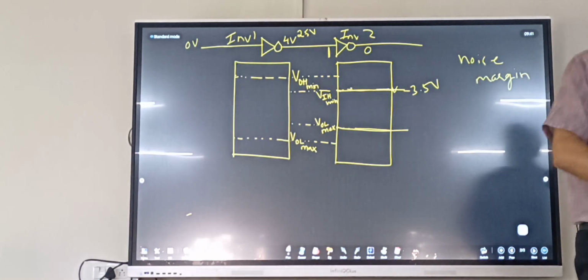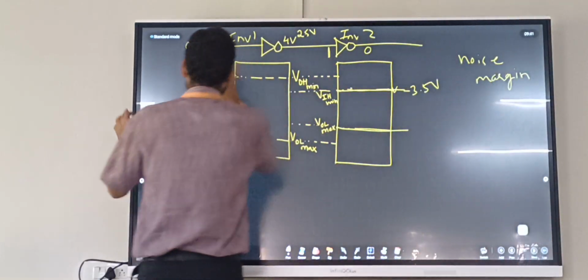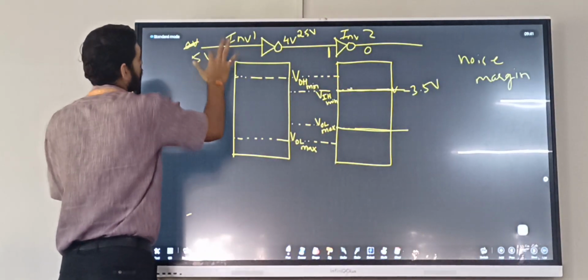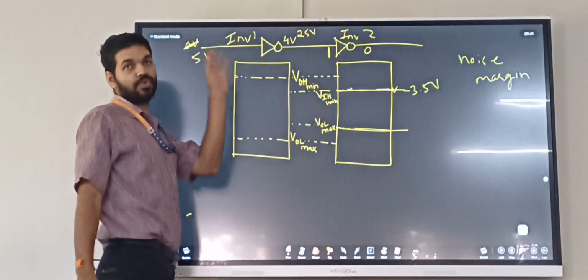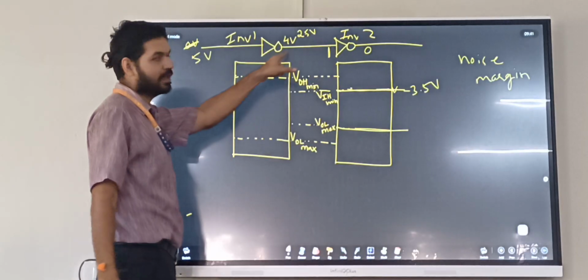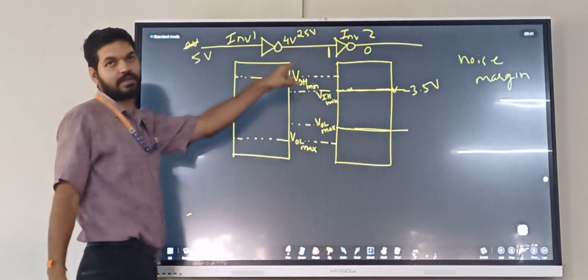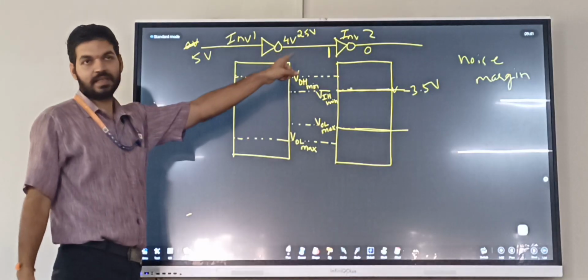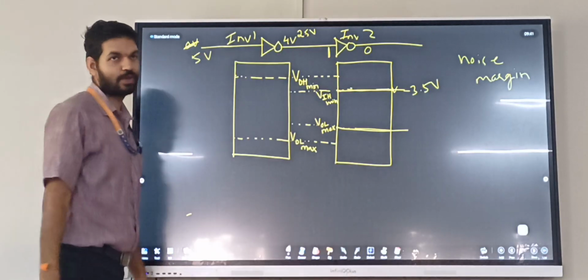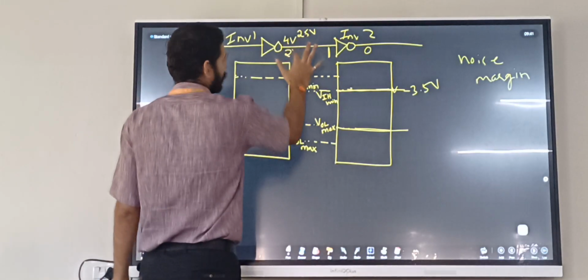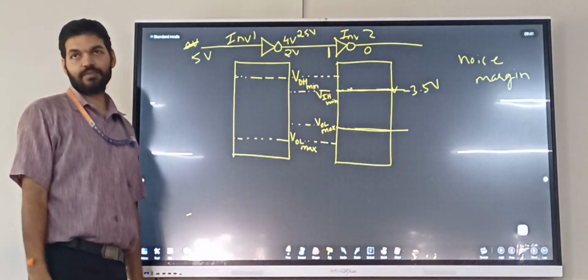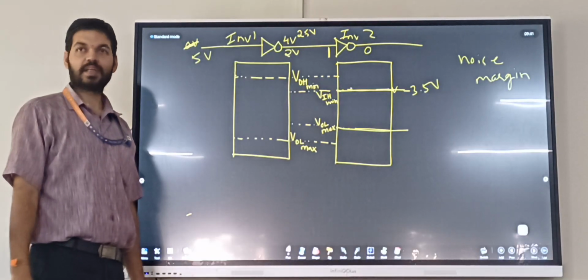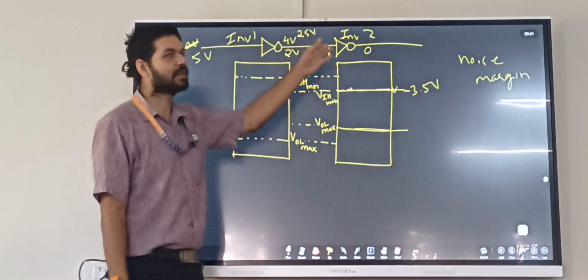In the same way, if I am giving 5 volts here, the output should be 0. But due to some fault, if I am getting 2 volts, then again there will be confusion for this inverter.